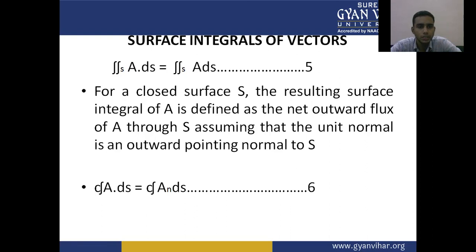For a closed surface S, the resulting surface integral of A is defined as the net outward flux of A through S, assuming that the unit normal is an outward pointing normal to S. So the closed integral of A dot dS equals the closed integral of A_n dS. This is the case of the closed surface.